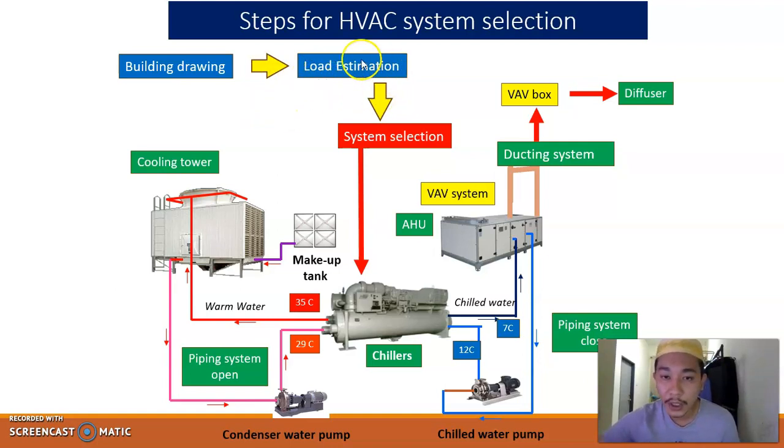Cooling load estimation is one of the most important elements in HVAC system selection, because if we estimate too big, we will select a bigger system, which takes a lot of cost for the installation and the selection of the equipment.